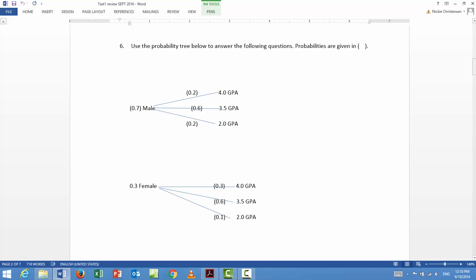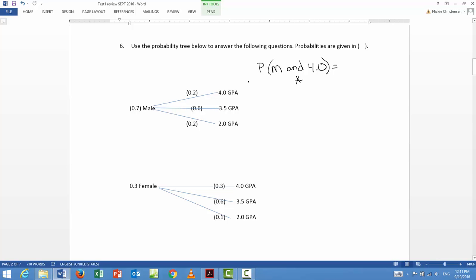So if, for example, we want to know what's the chance of a man having a 4-point GPA, that's actually asking probability of male and 4-point. Now we know that and means times.